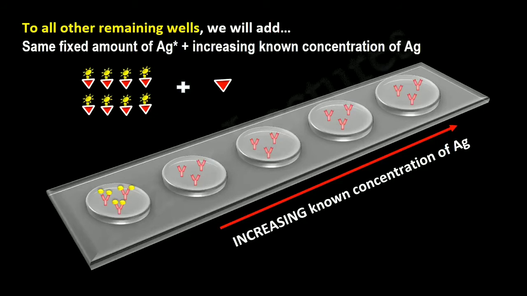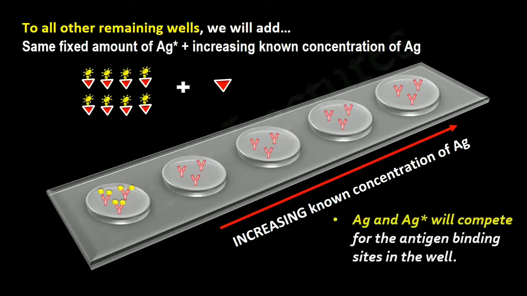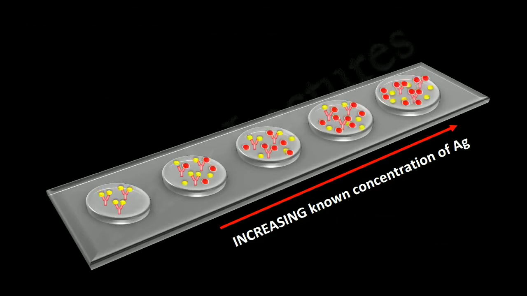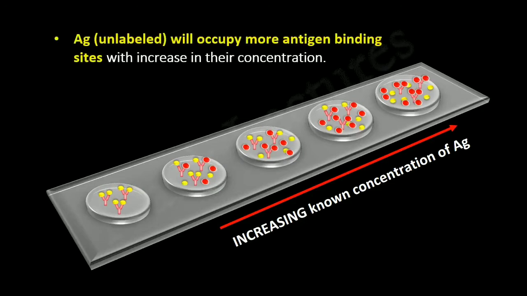As we said before, antibodies present in the wells cannot distinguish between radio-labeled and unlabeled antigens. Thus, in each case, the unlabeled antigen will compete with the radio-labeled antigen for the antigen binding sites. It is important to note that, as the concentration of unlabeled antigen increases, it occupies more antigen binding sites.